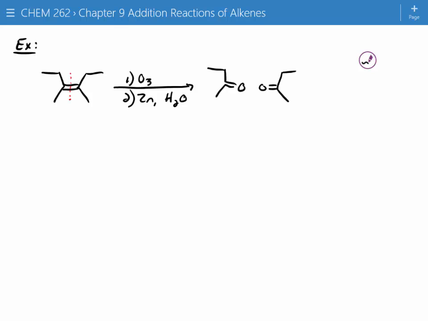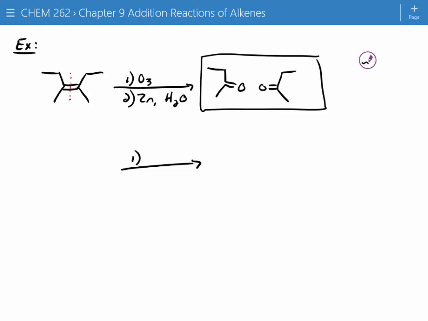Are they the same or are they different? They're the same. So we just get 2 equivalents of our ketone out. So in this case, we only need to draw it once and then just write 2 equivalents, or you can draw them both out. Let's do a different one, but this time I'm only going to give you the products.